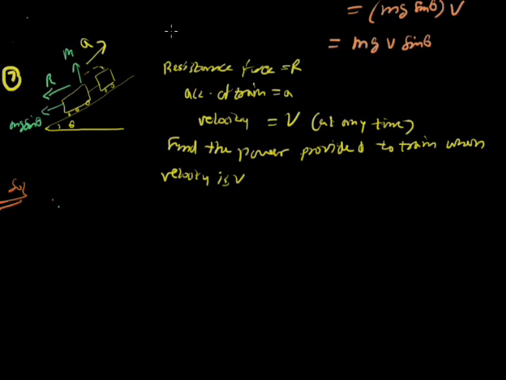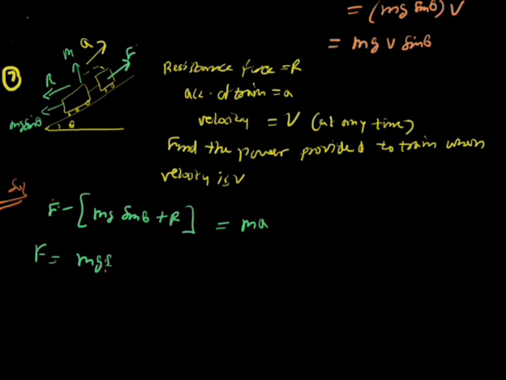So let F be the force being applied to the train. Then F minus mg sin theta plus r is the net force, and this net force will provide the acceleration to the train. So F is simply mg sin theta plus r plus ma.